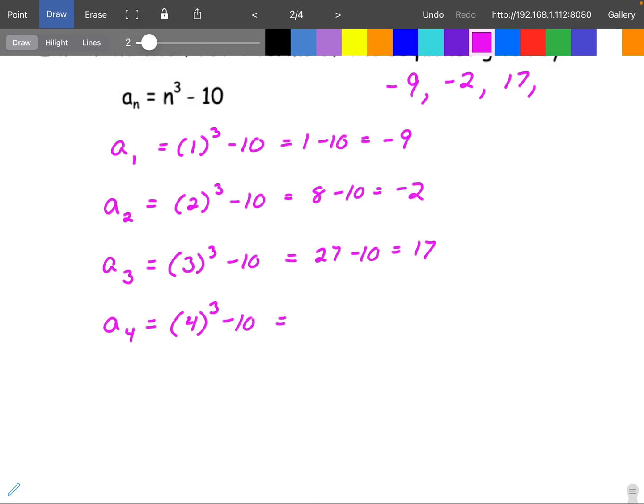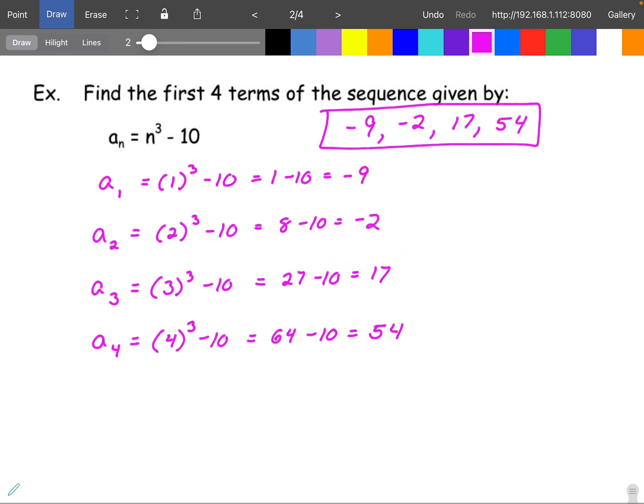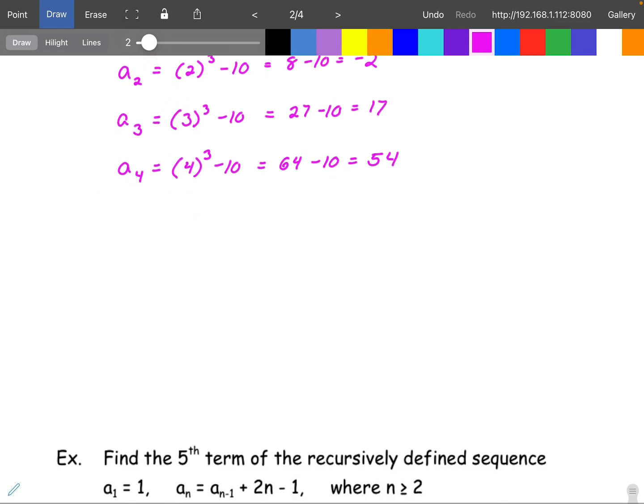So we have 4 cubed minus 10, and 4 cubed is 64. Then minus 10 gives us 54. So there is our fourth term. So first 4 terms of the sequence given by this general formula.